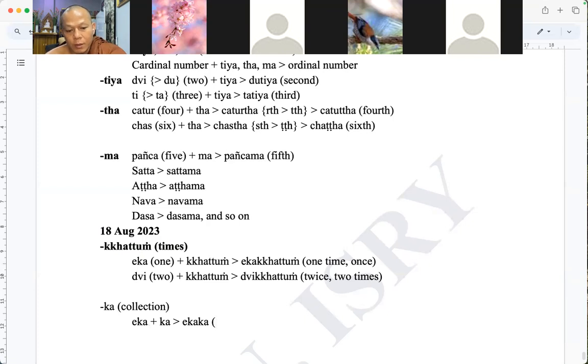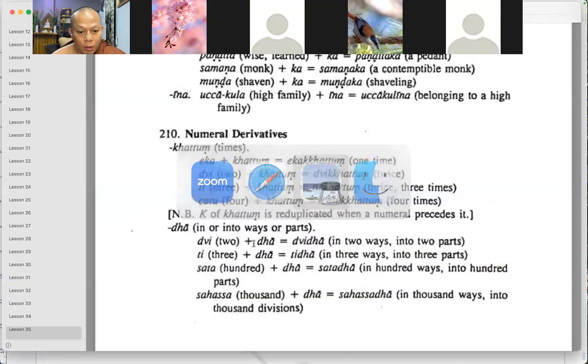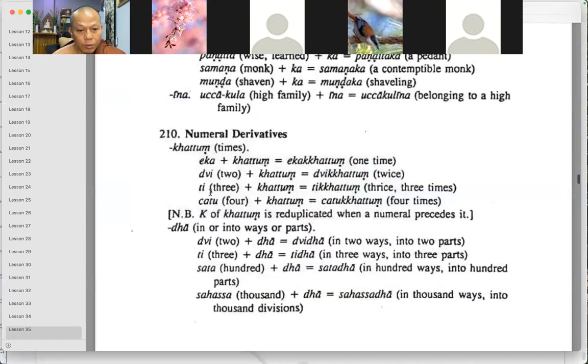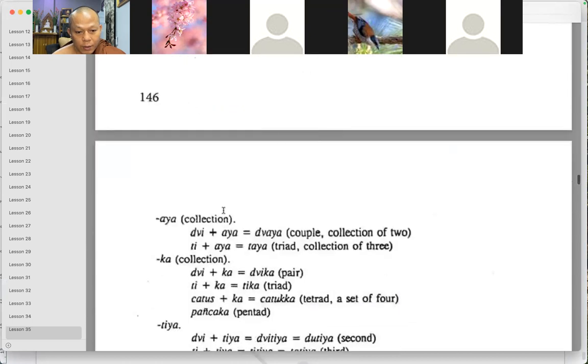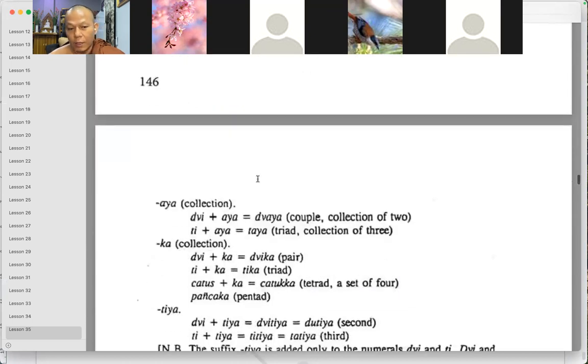That means a collection of maybe one item or one thing like that. Eka ka, maybe in the Nikaya you have knowledge about that. So ekaka nipata, tika nipata, tuka nipata, and so on.